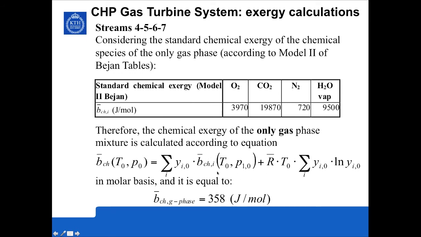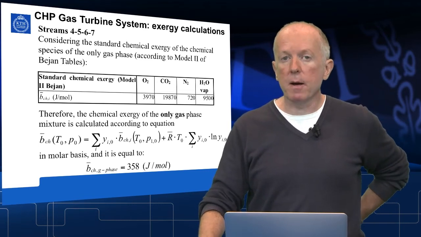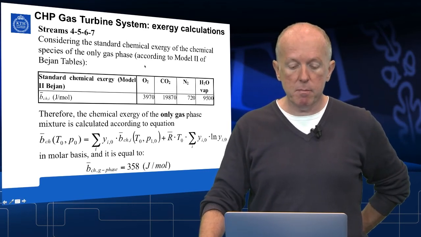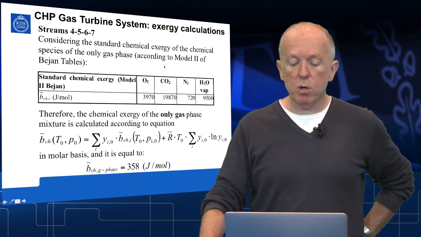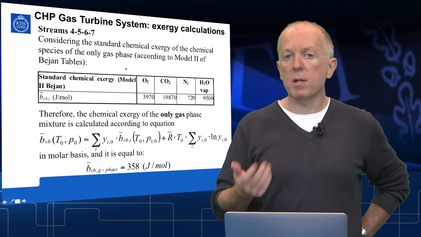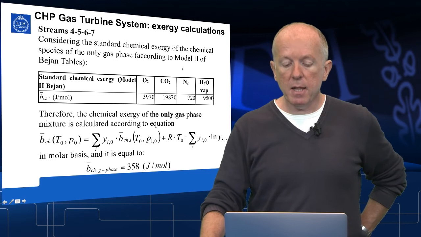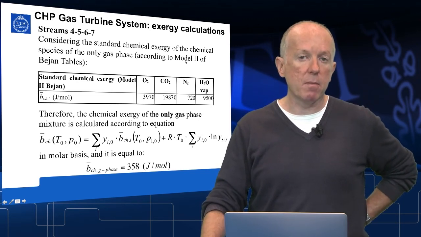The value of the chemical exergy of the chemical species can be found from a tabulated value. So for this you can find your reference in the literature. In this case I have used the tabulated values that are contained in the book of Bejan, especially model 2 of the table contained in the book of Bejan.